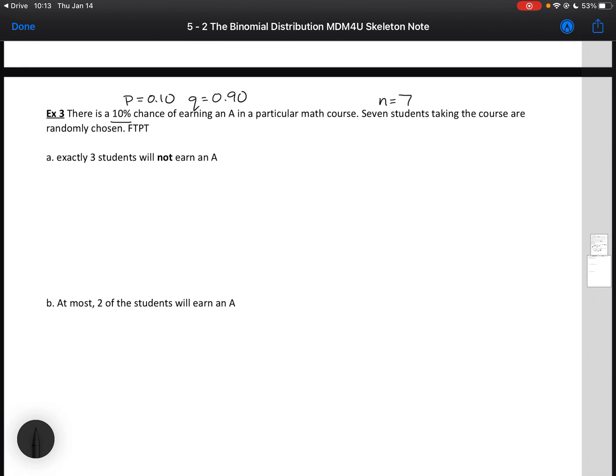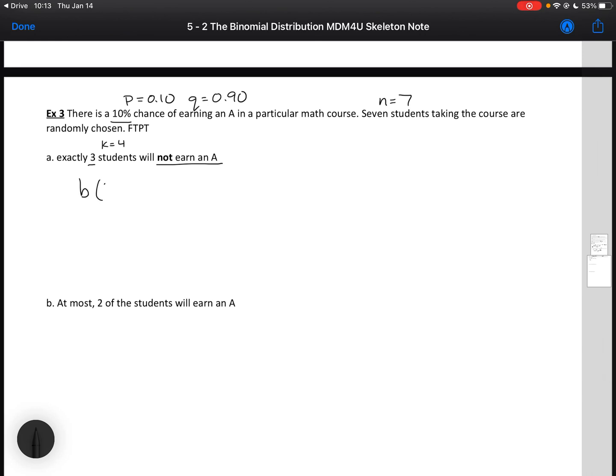So that is our n is 7. And the first thing that we're going to do is find the probability that exactly 3 students will not earn an A. So that is 3 failures, which would give us 4 successes.